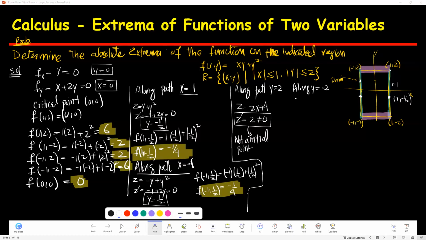Let's check the other one. Along this one is equals to 2x minus 2x plus 4, and if I take the derivative, it's going to be minus 2, so not equal to 0. Minus 2 can never be equal to 0.